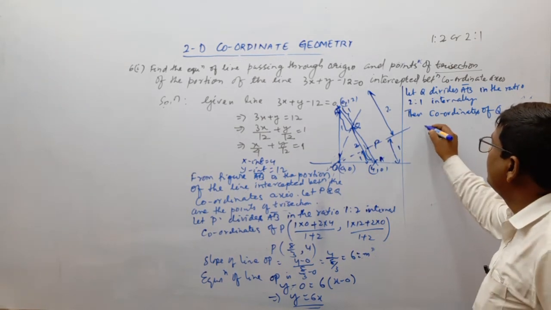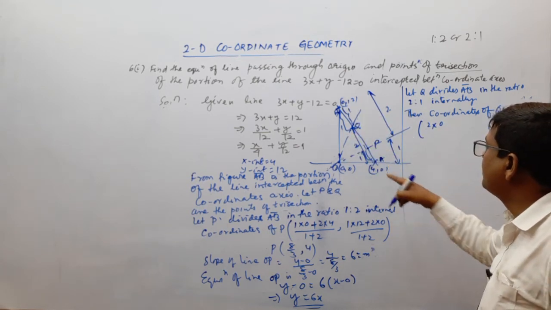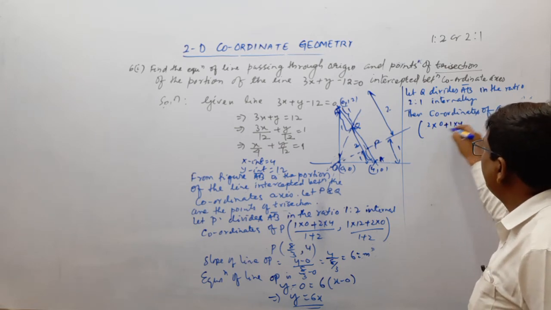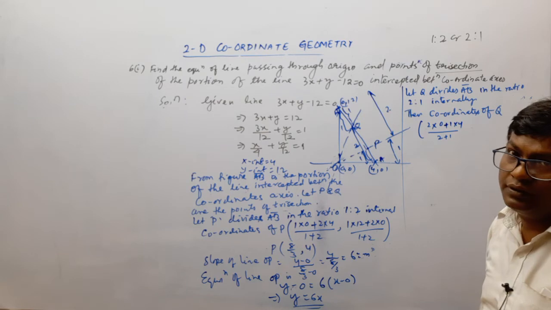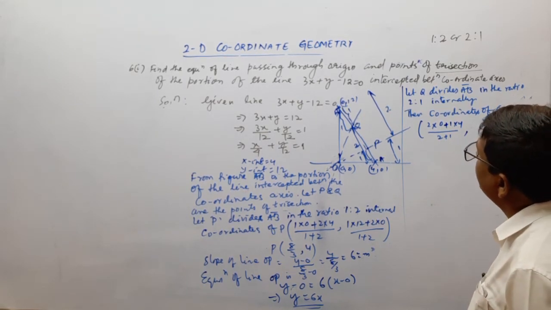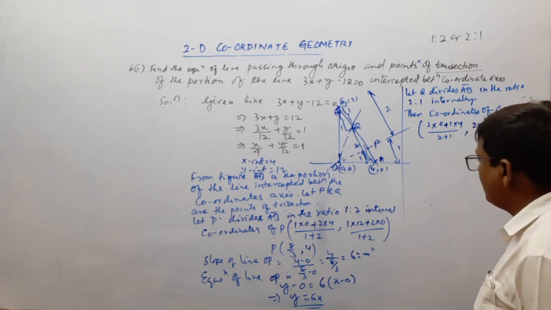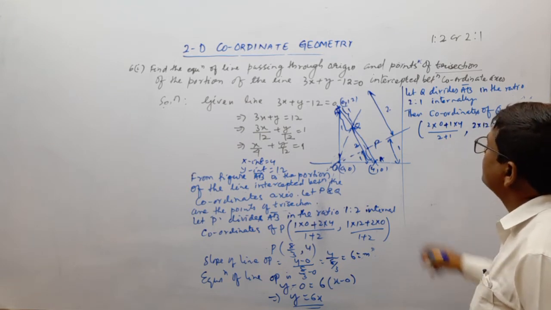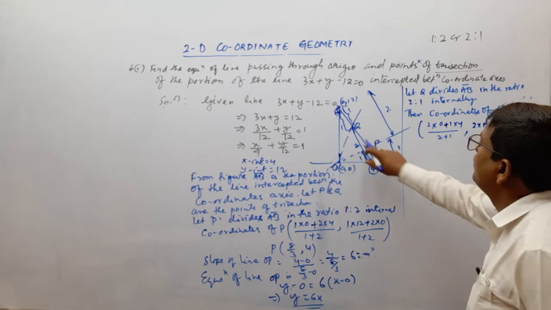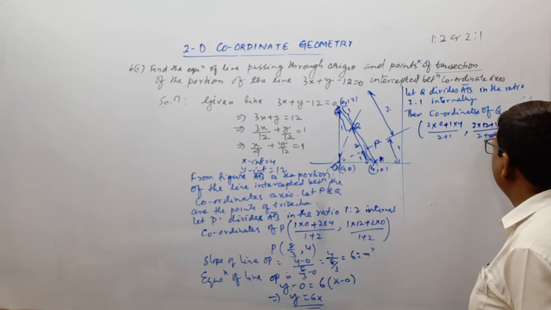is 2 into 0 plus 1 into 4, divided by 2 plus 1, comma, 2 into 12 plus 1 into 0, divided by 2 plus 1.